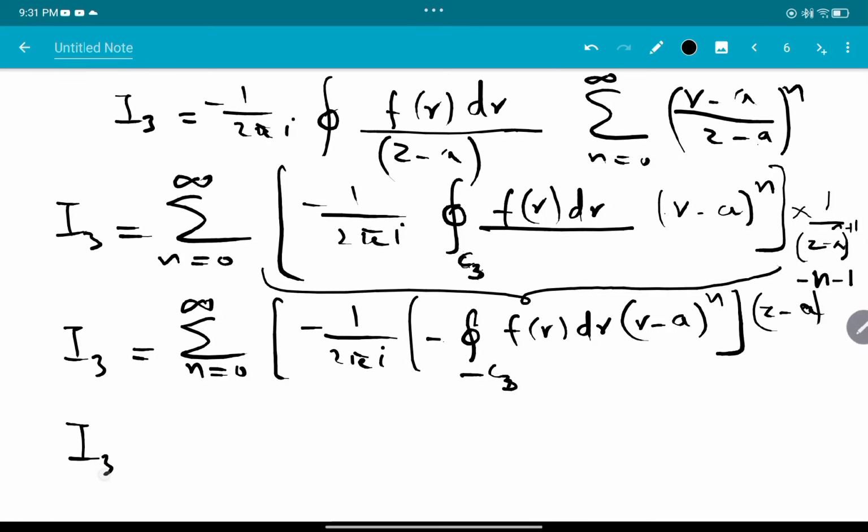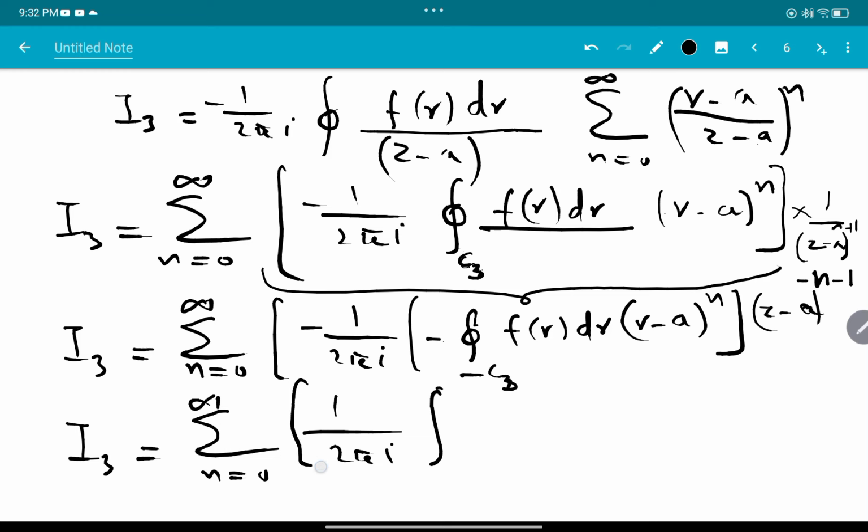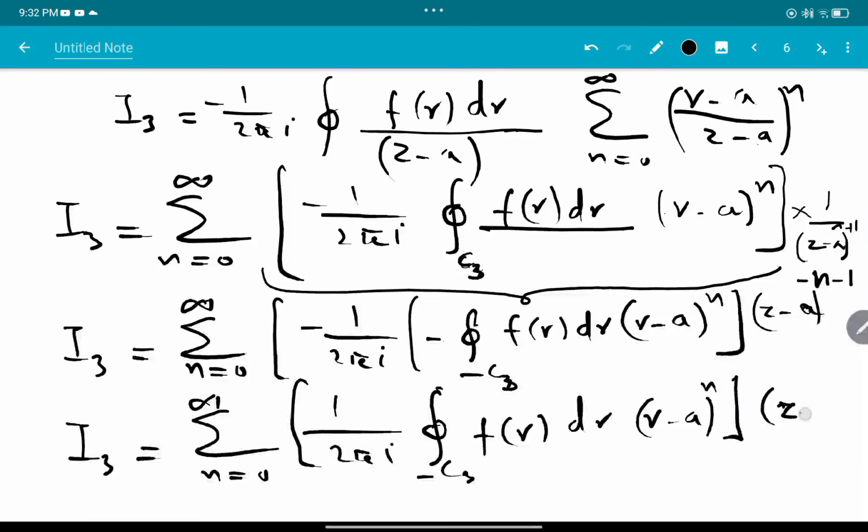I have I3 equal to sigma n equal to 0 to infinity, 1 by 2 pi i integral over minus C3 of f gamma d gamma into gamma minus a raised to n into z minus a raised to minus n minus 1.